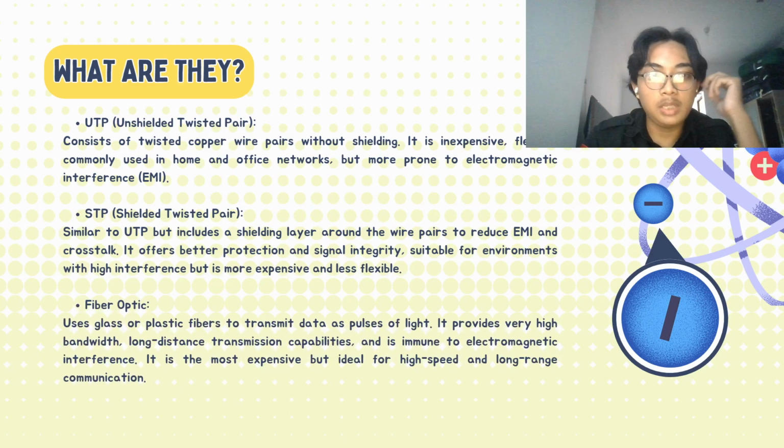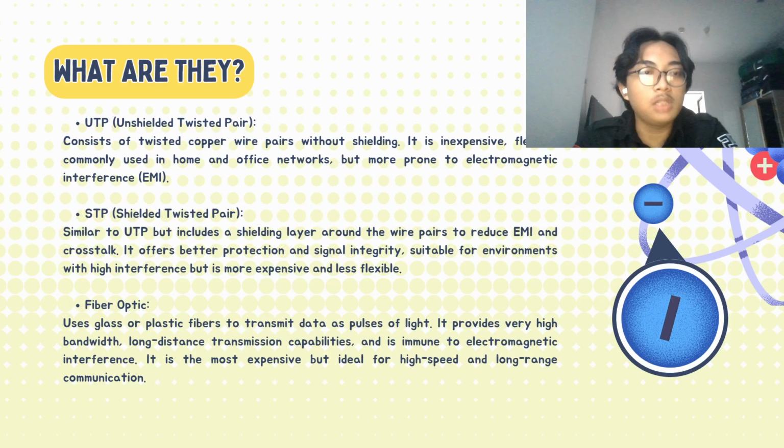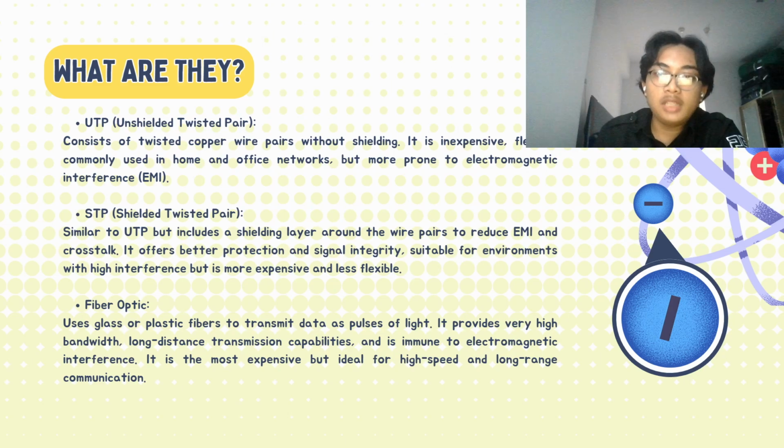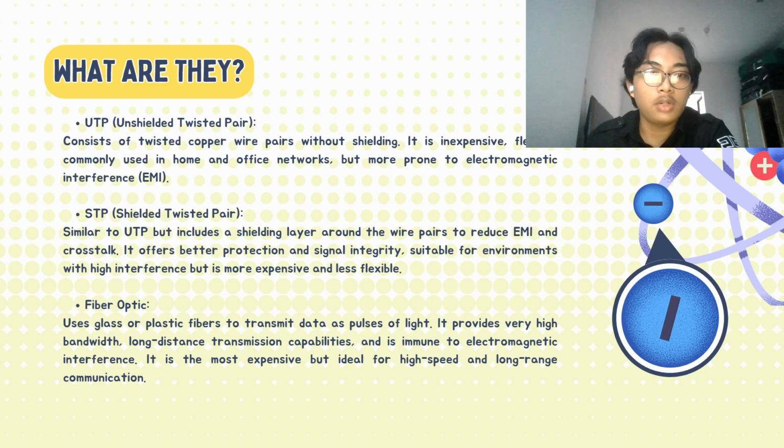The UTP, or unshielded twisted pair, consists of twisted copper wire pairs without shielding. It is inexpensive, flexible, commonly used in home and office networks, but more prone to electromagnetic interference, or EMI.